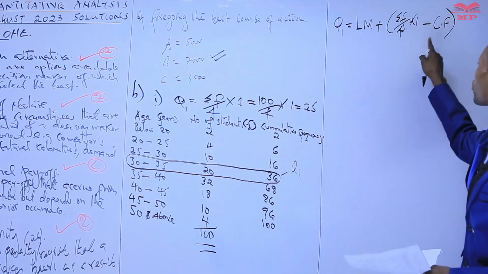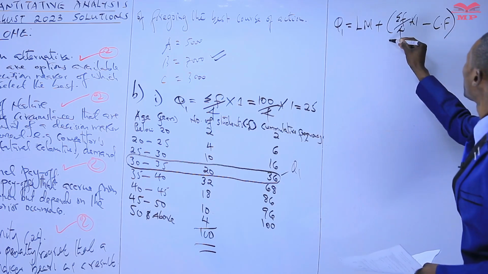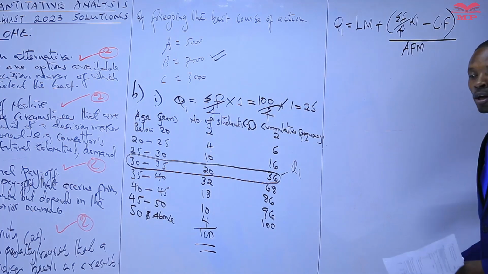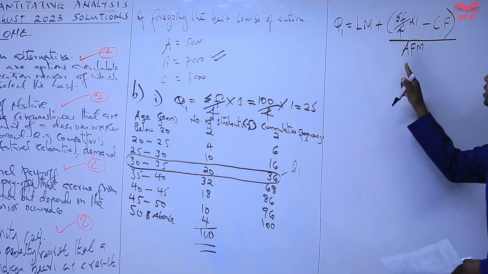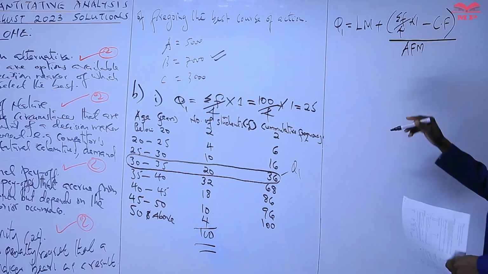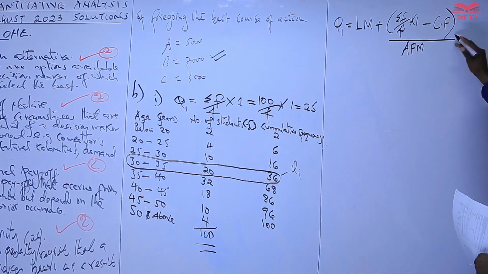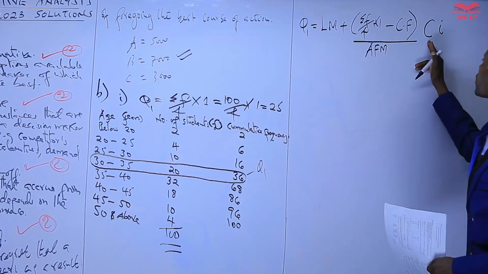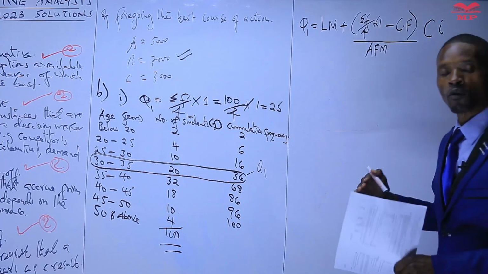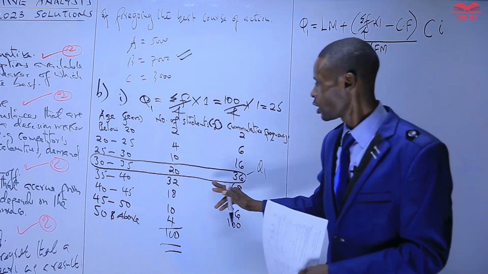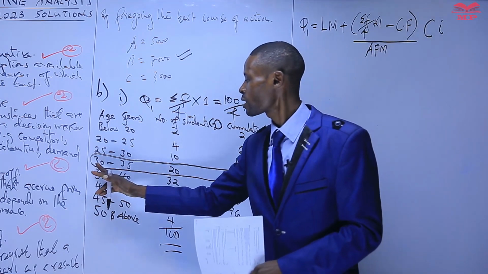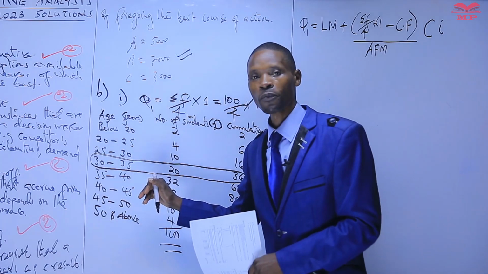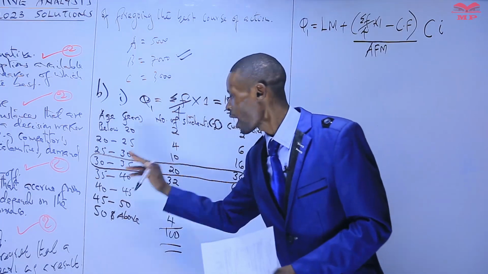Then I divide by the actual frequency of quartile 1. Then I multiply with CI, the class interval. The class interval in that range is 5, because it's 35 minus 30. So the width is 5.